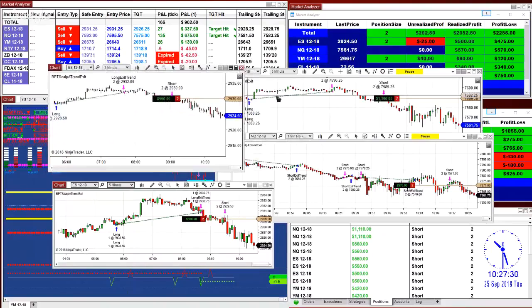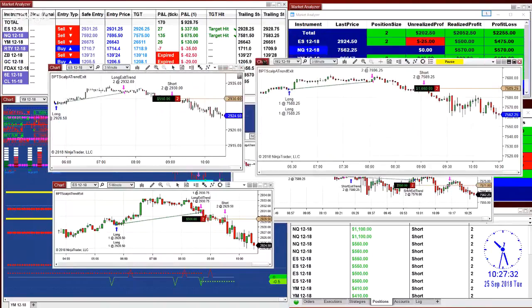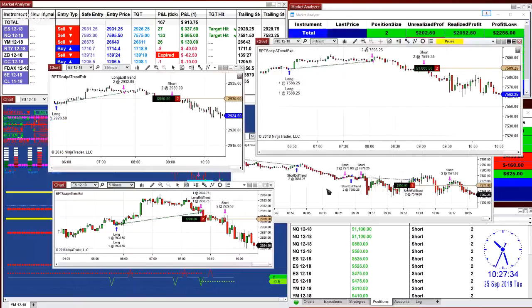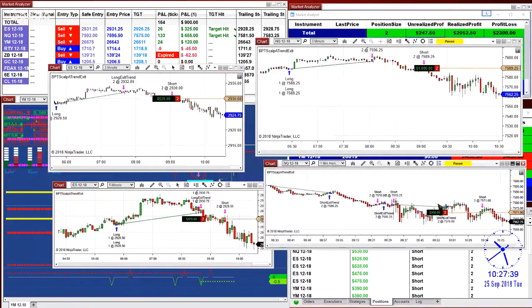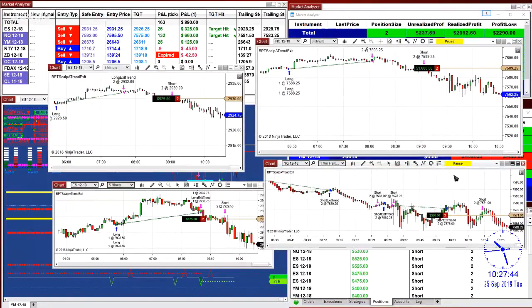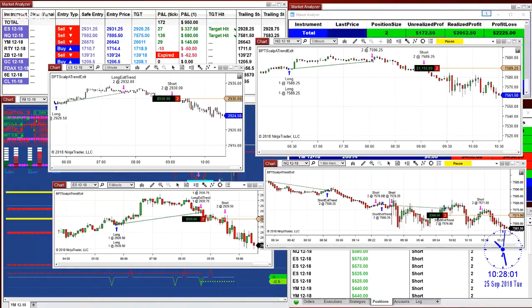It's the same story. And this is the Nasdaq 3 minutes, 1000 on that trade. And then there is the 1 minute, 350 on that trade. Yeah, this is it.